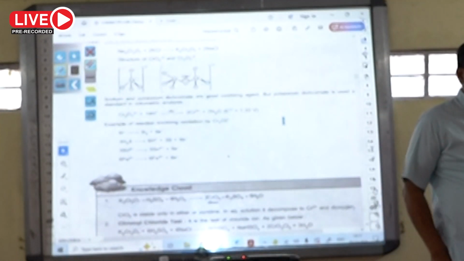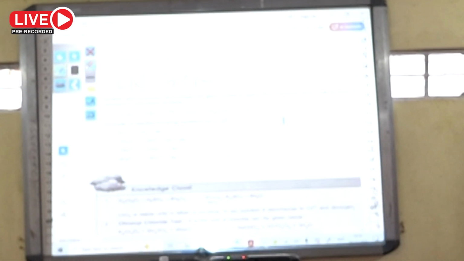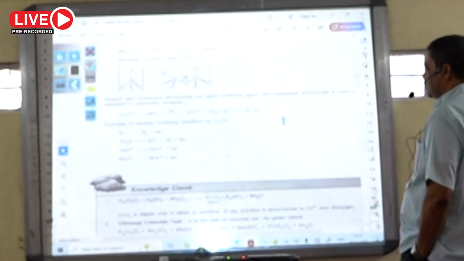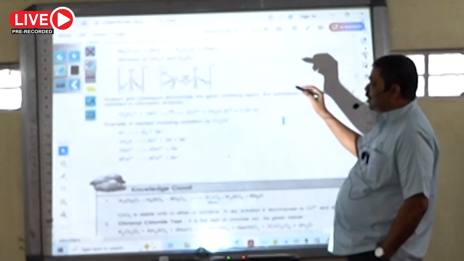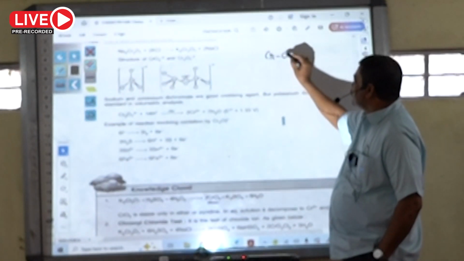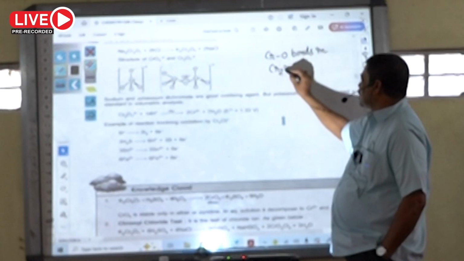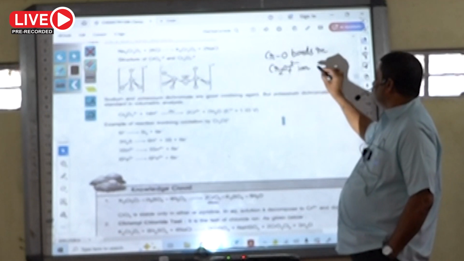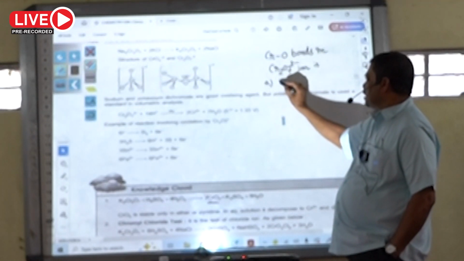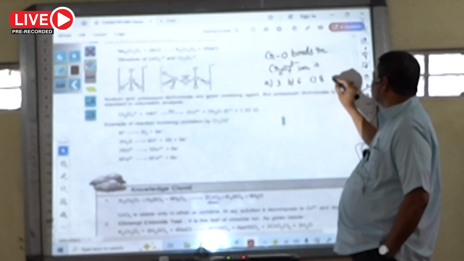And the question is, the number of equivalent Cr-O bonds in Cr2O7 2- ion is: option 1, 3; 6; 8; 2.